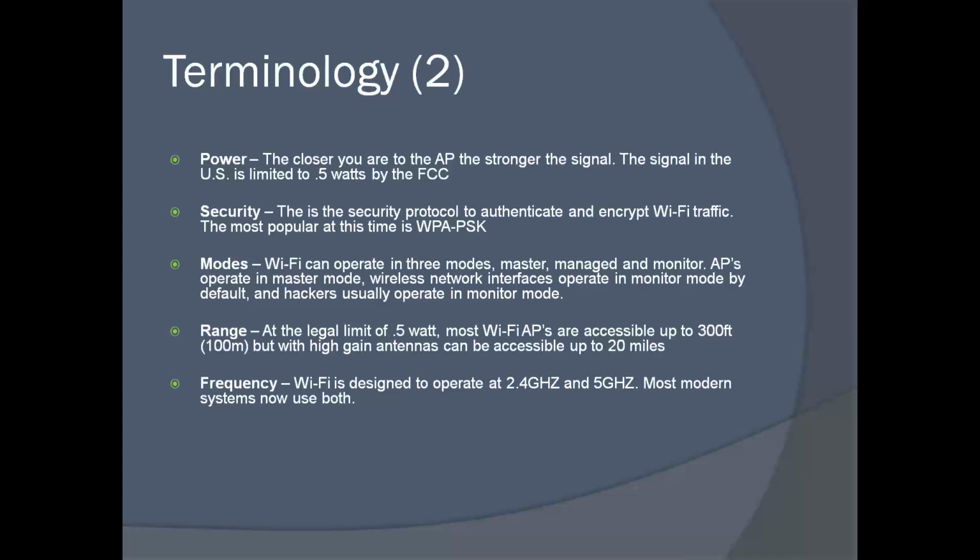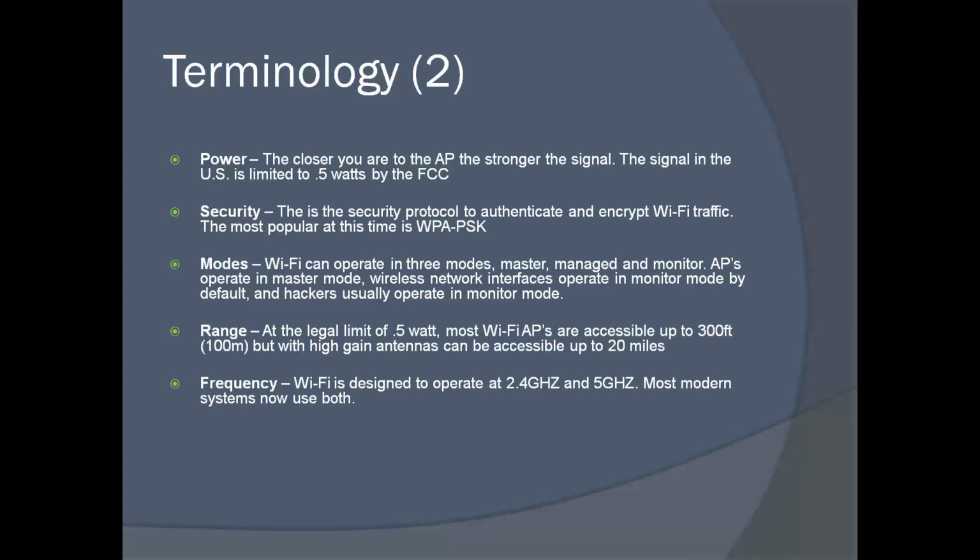Frequency. Wi-Fi is designed to operate at 2.4 gigahertz. Most modern systems now use both. The original specification, the early systems, all worked at 2.4 gigahertz. 2.4 gigahertz works great. One of the beauties of 2.4 gigahertz is that it can pass through walls and objects really well, but it's relatively slow. 5 gigahertz can carry higher speed transmissions, but it can't pass through objects.